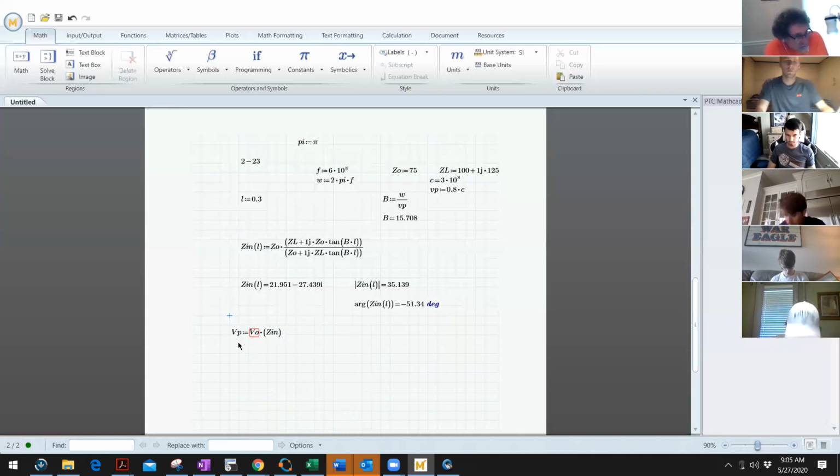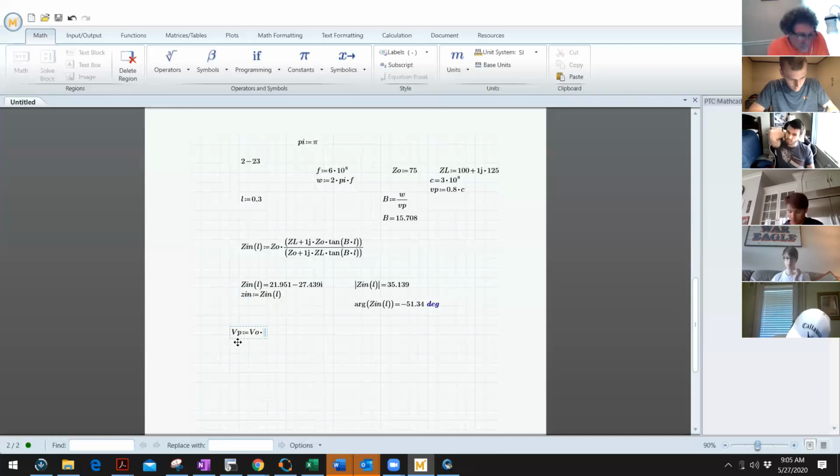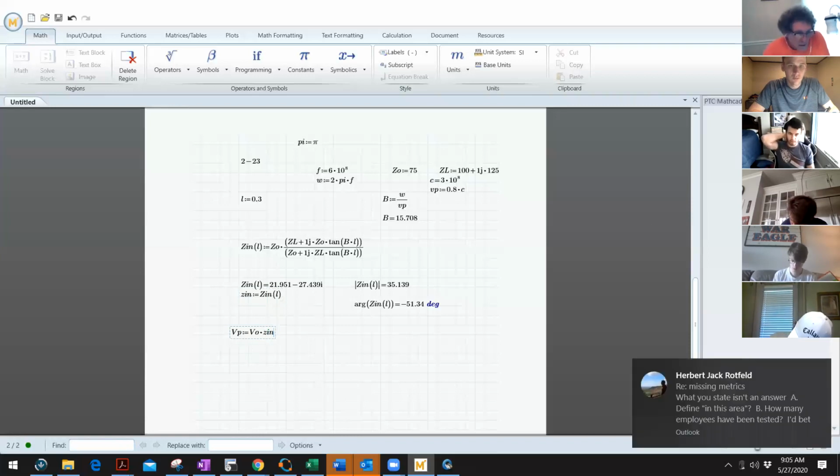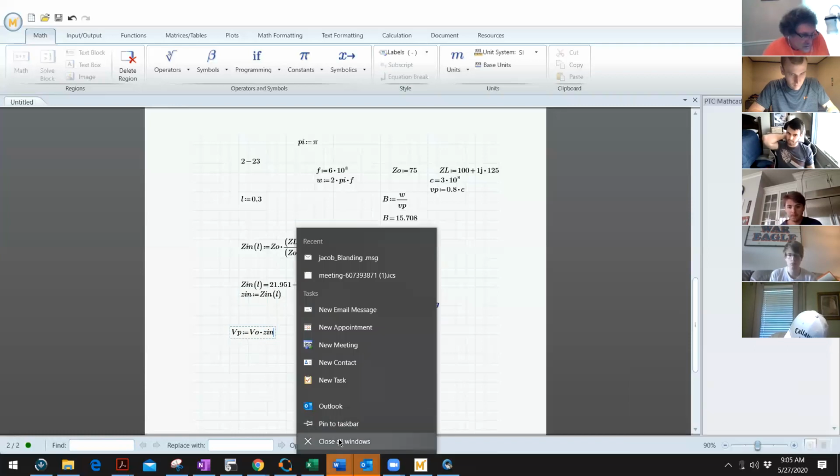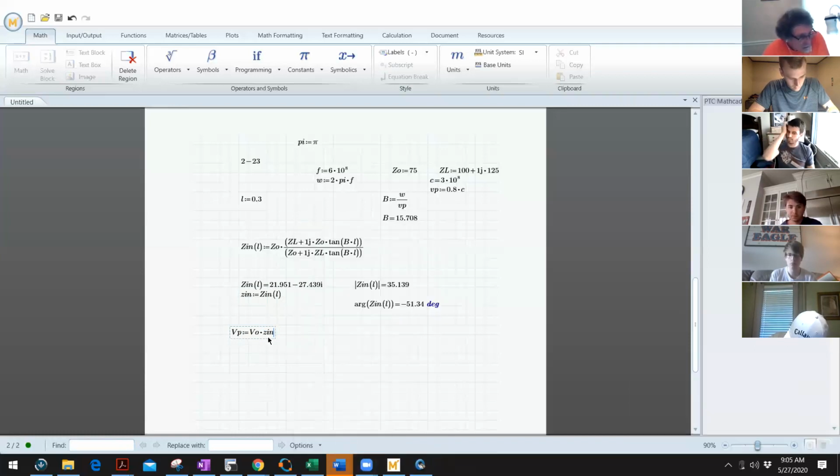Matter of fact, I'm going to call Z in of L just small z in, so I don't have to keep retyping all this. So it's going to be z in over z in plus Z naught.